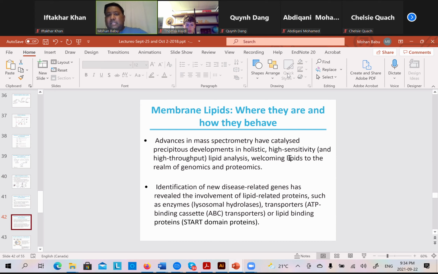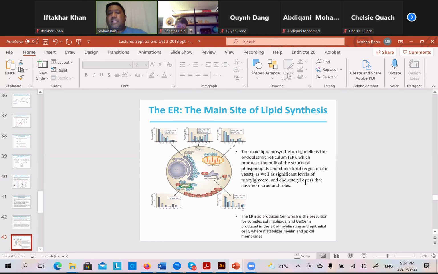The bulk of the structural phospholipids and the cholesterol, or the ergosterol in yeast, are all synthesized in the ER. Significant levels of triacylglycerol and cholesterol esters have non-structural roles, but the bulk of the structural phospholipids and cholesterols are synthesized in the ER.